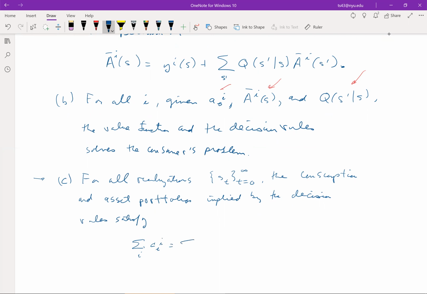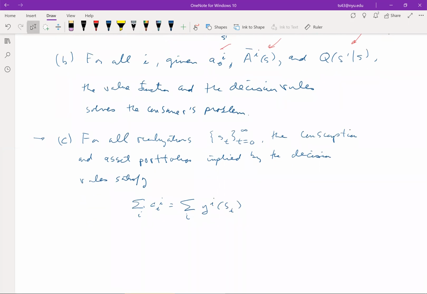The consumptions have to add up: summation over i of c_i equals y_i of s_t, and summation over i of the asset portfolios, A hat of S prime, is equal to 0, for all t and all histories.